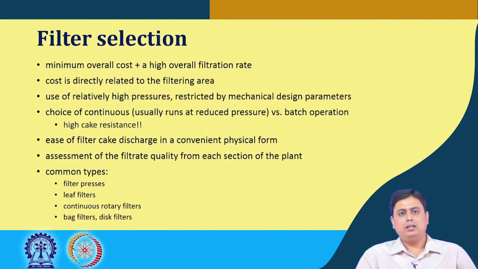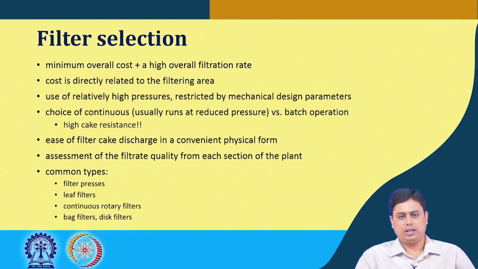Now typically this continuous mode of operation usually runs at a reduced pressure, because it is continuously running. The expense of mechanical energy that is required for pumping, or the pumping cost, shouldn't be exorbitantly high compared to batch operation. Now imagine a scenario where there is a very high cake resistance.